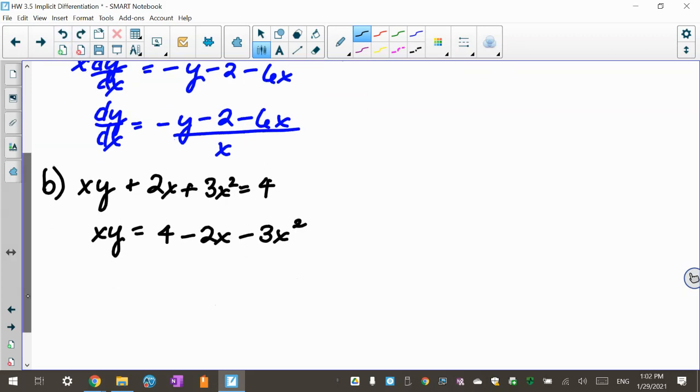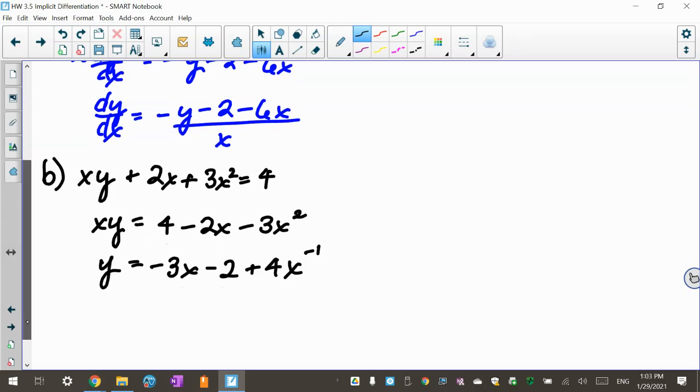So if I divide through by x, I'm going to have y equals, and I'm just kind of rewriting this as I go. So it's going to be a negative 3x, minus 2. Then it's going to be plus 4 divided by x, but I'm going to write it as x to the negative 1 because I know I got to take the derivative. So I didn't do the derivative, I just isolated my y.